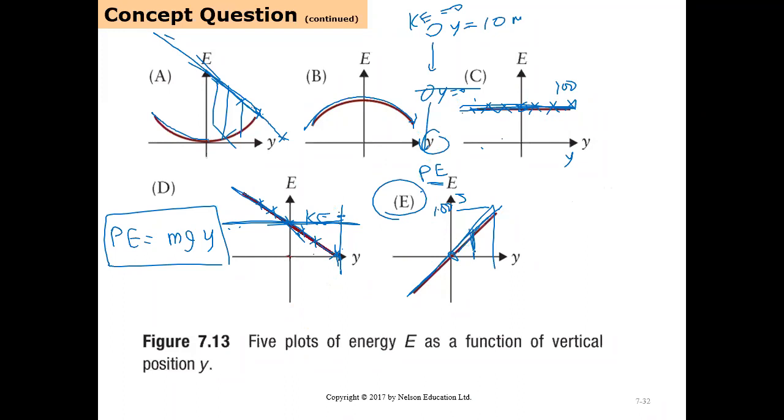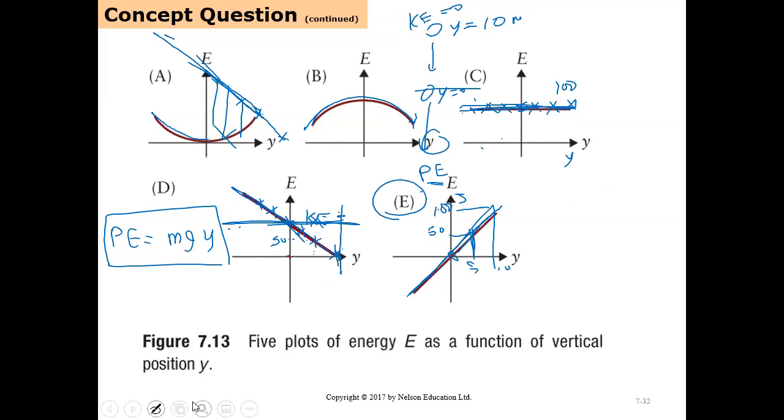For another value of y, let's say 5 meters, so this is 10 meters, then you have the potential energy, let's say 50, but then kinetic energy will also be 50. So the total energy, 50 plus 50, will be 100. Again, the total energy will be 100.